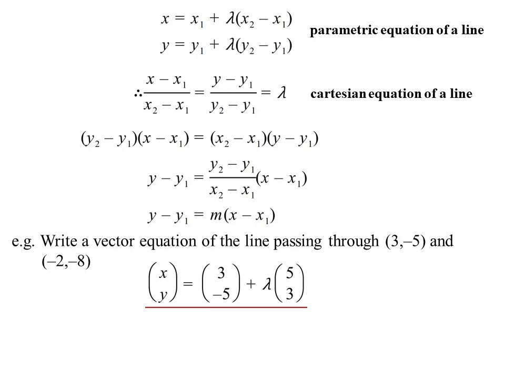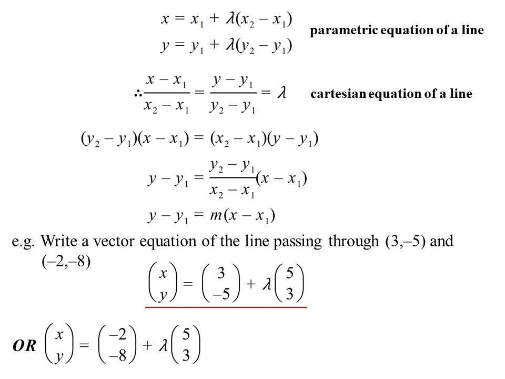Plus lambda, now that second thing is basically the direction vector. So it's like the slope, if you like. Well, the direction vector, head minus tail. So the y value is -5 minus 8, and 3 minus 2 is 5. So there's our x value and our y value for the direction vector.